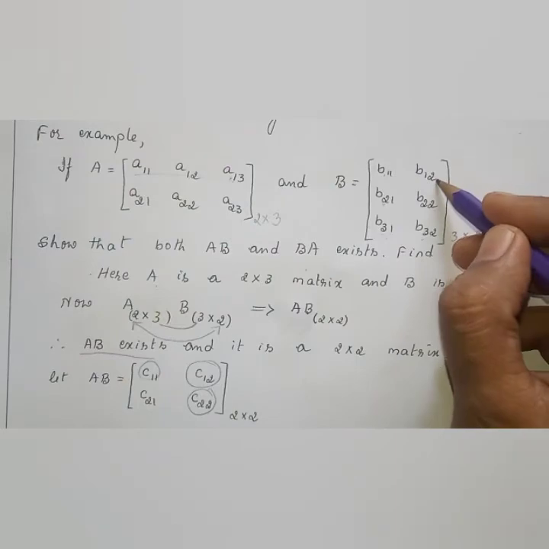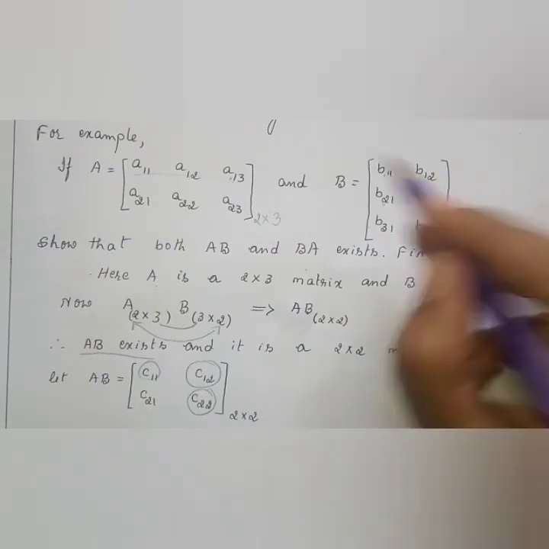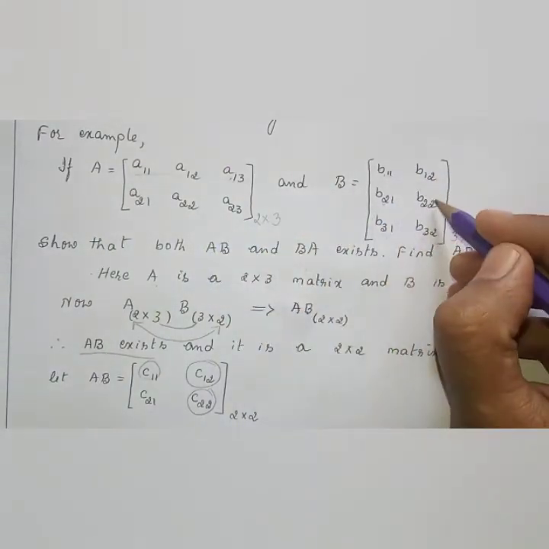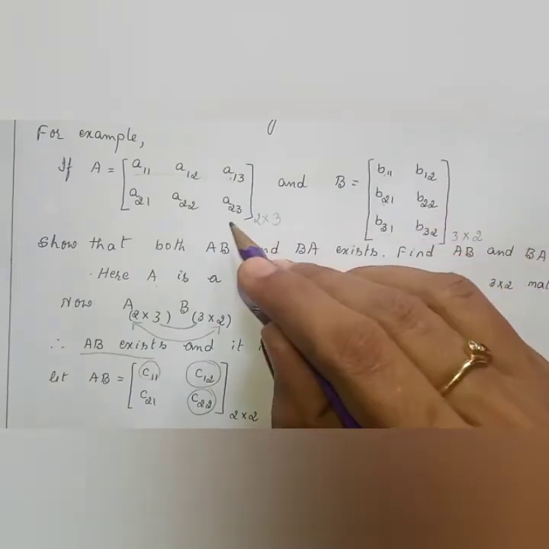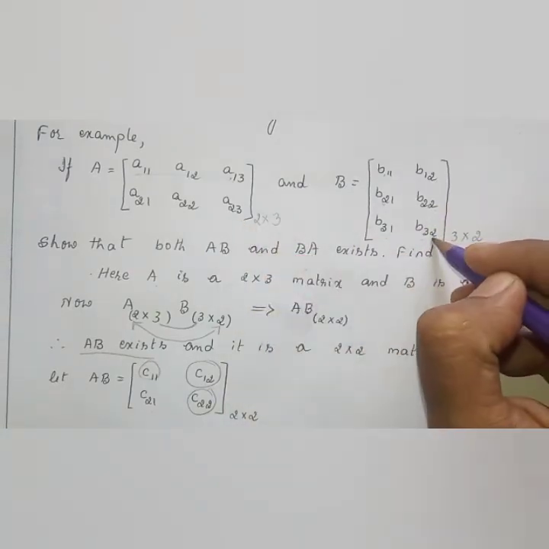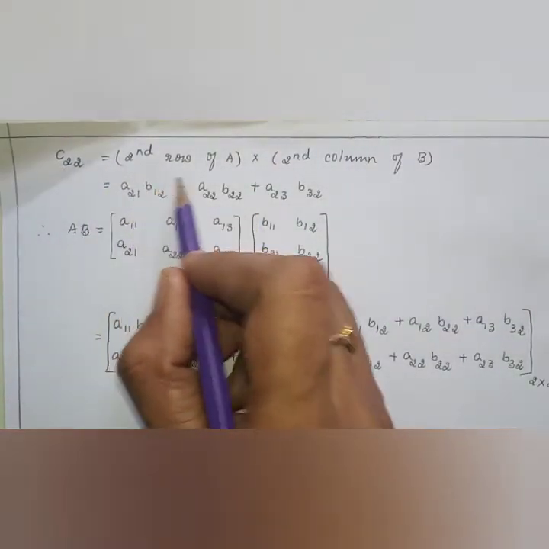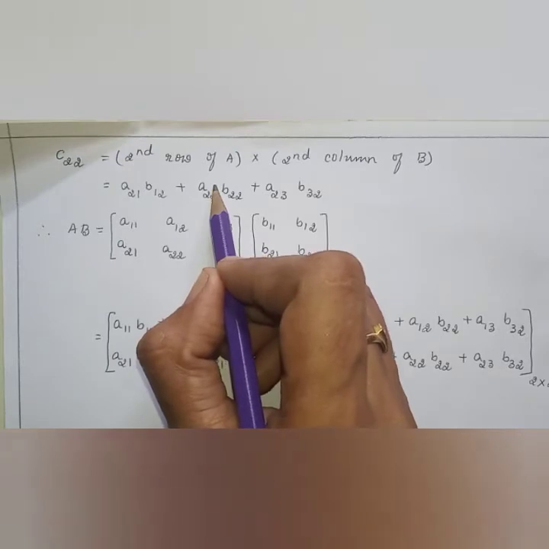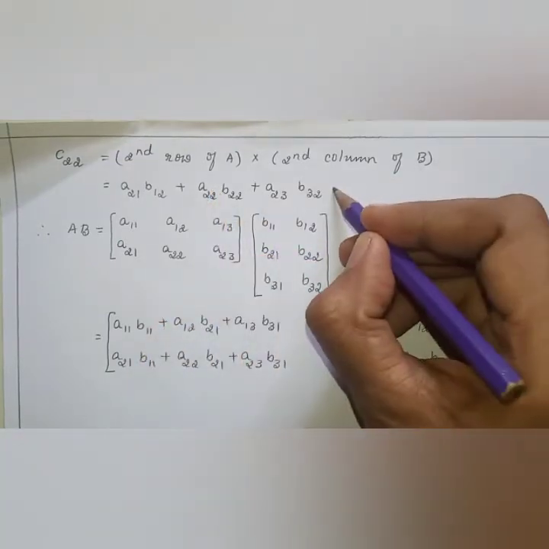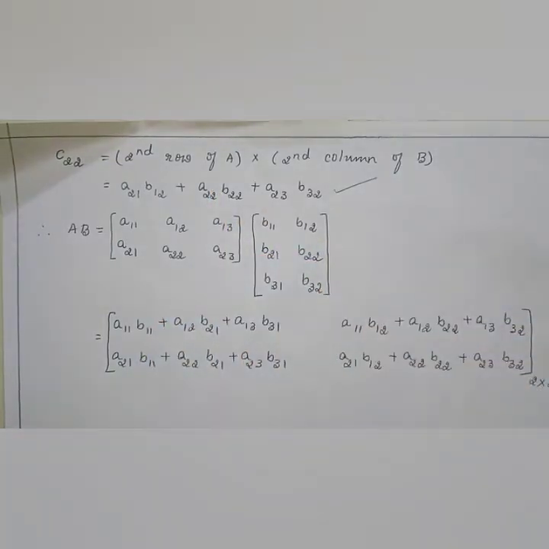A21 into B12 plus A22 into B22 plus A23 into B32. Therefore, C22 is second row of A into second column of B, and this is the end.